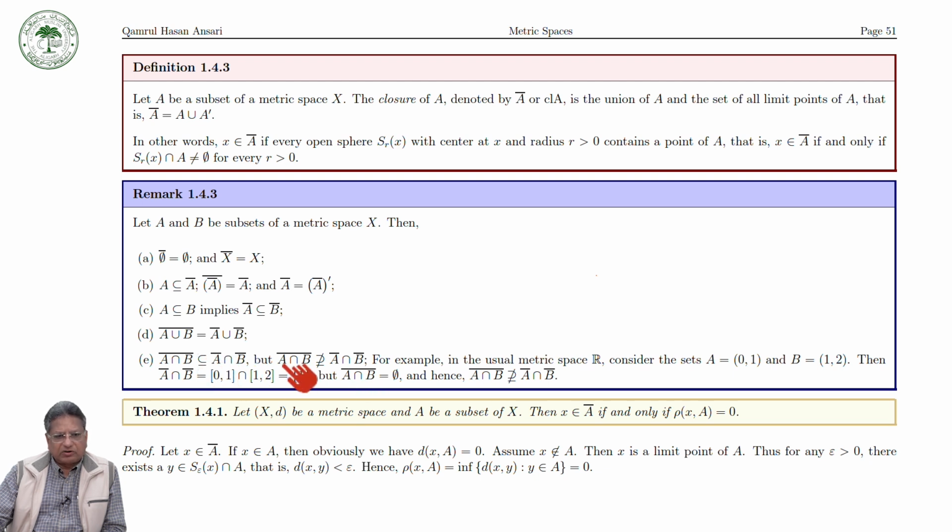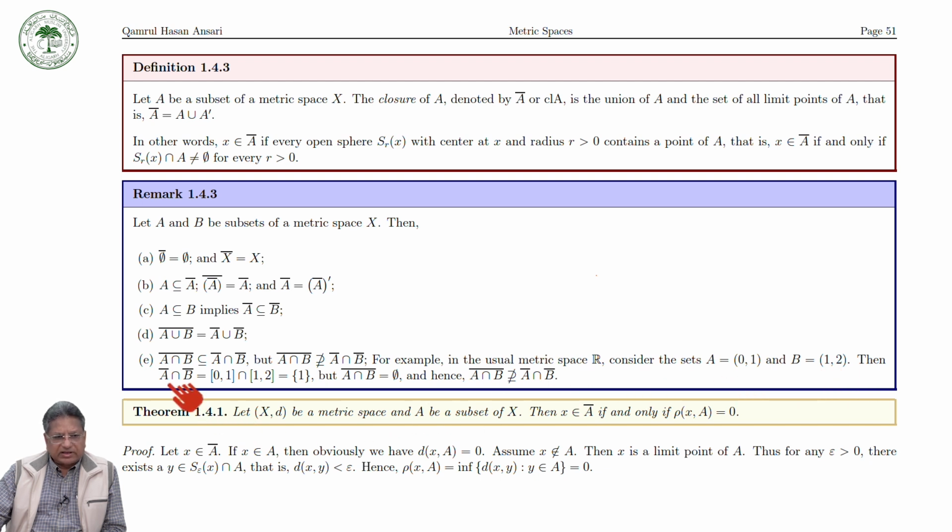For example, consider, as I do most of the time, the usual metric space R. Take A equal to the open interval (0, 1) and B the open interval (1, 2). Then the closure of A is the closed interval [0, 1], and the closure of B is the closed interval [1, 2].